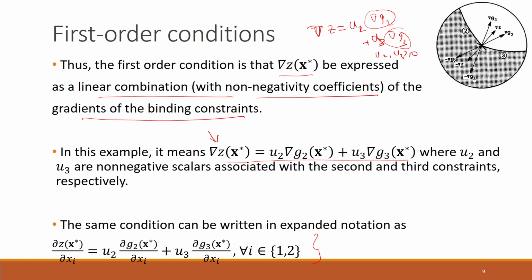And then the second condition is that the partial derivative of z with respect to x2 is equal to u2 times the partial derivative of g2 with respect to x2 plus u3 times the partial derivative of g3 with respect to x2. This condition has to hold for every i from 1 to 2, that is, for every variable x here. So this is important.